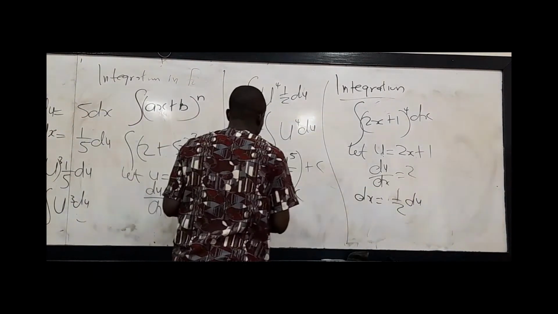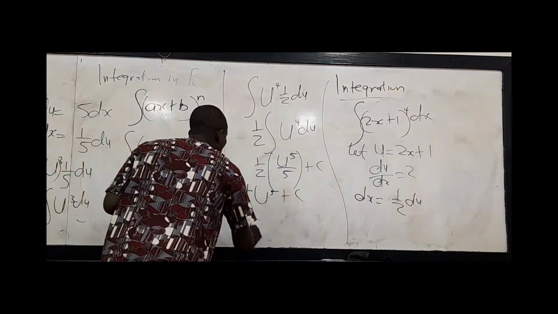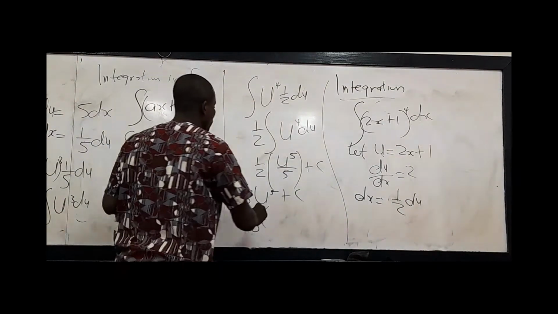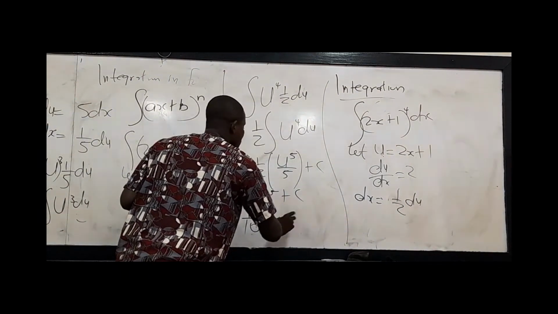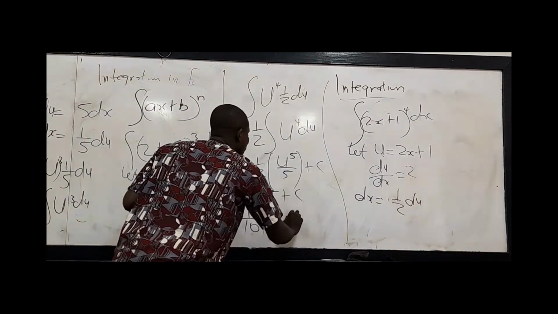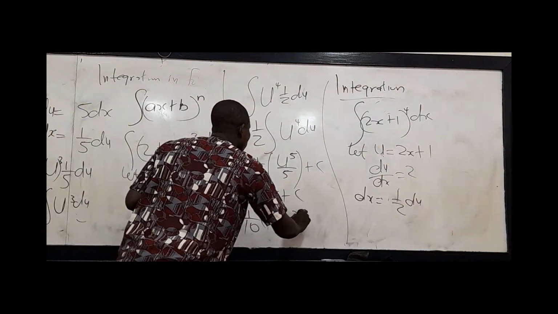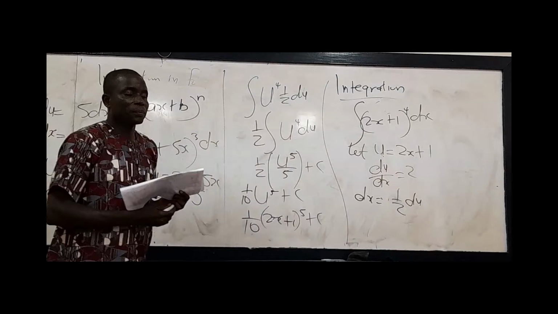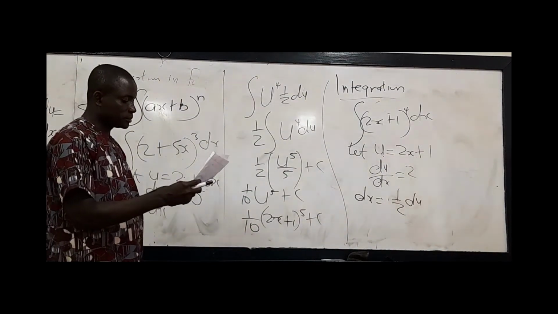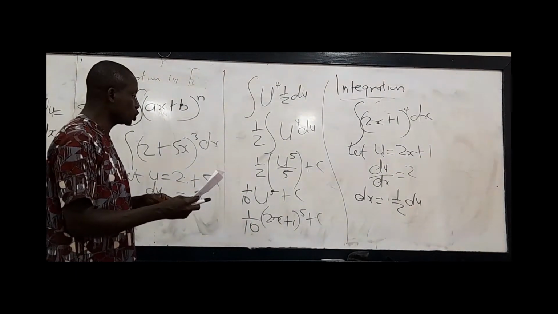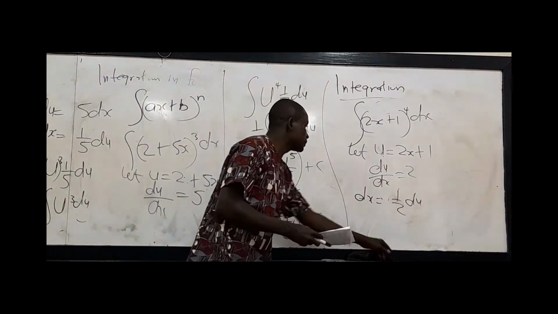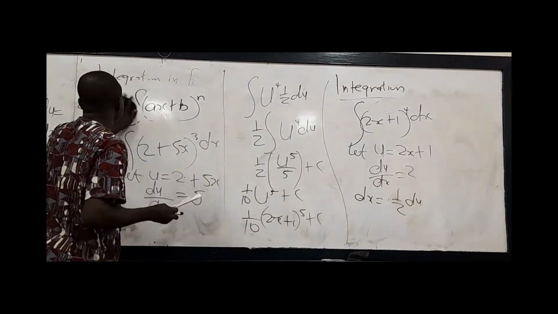You come back to here. So it becomes 1 over 10 into bracket 2x plus 1 to the power 5 plus C. Is that okay? That should be okay.